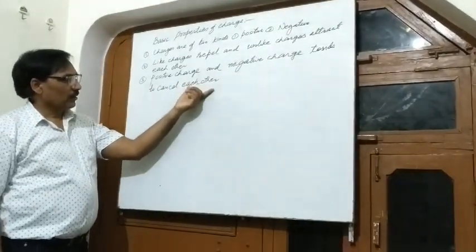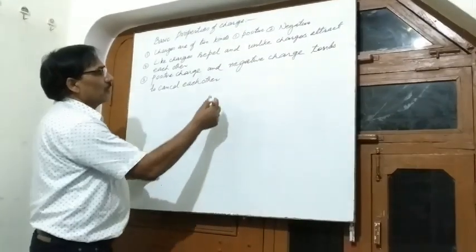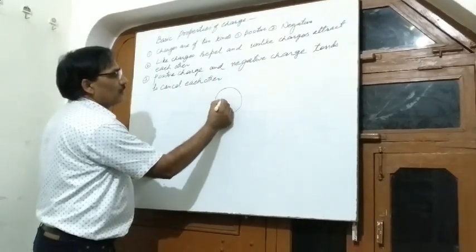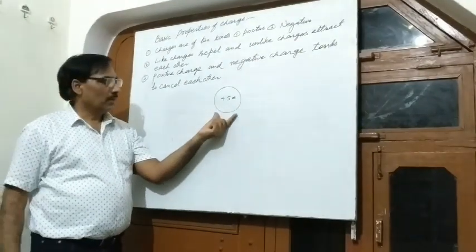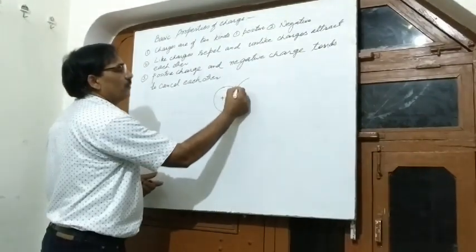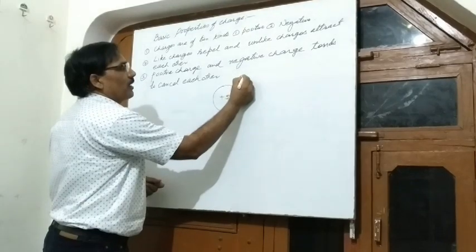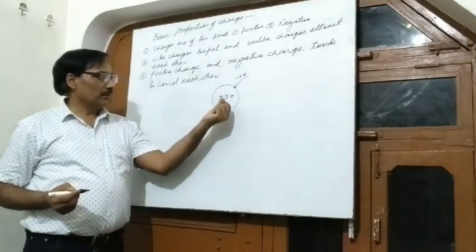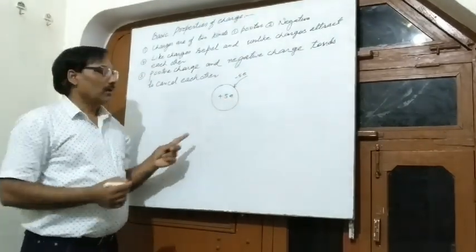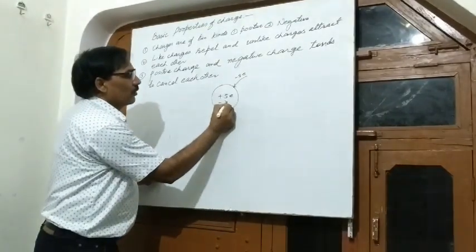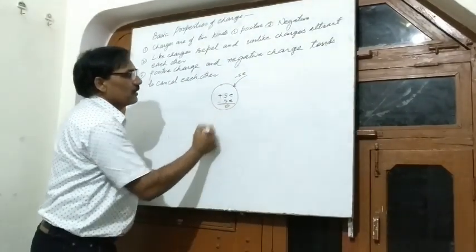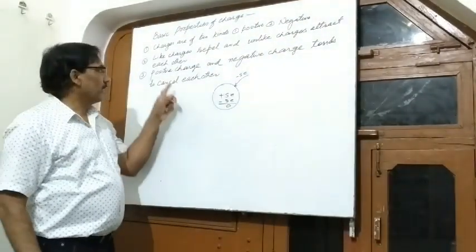For example, suppose a body has plus 5e charge. Clear? And if you give minus 5e charge, then the net charge on the body will be 0. That is the meaning.